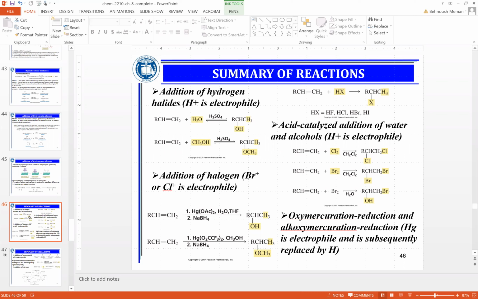So you have acid-catalyzed addition of water, acid-catalyzed addition of alcohol. You have oxymercuration, demercuration, which is indirect addition of water. Hydroboration oxidation is indirect addition of water, addition of halogen, and addition of hydrogen.